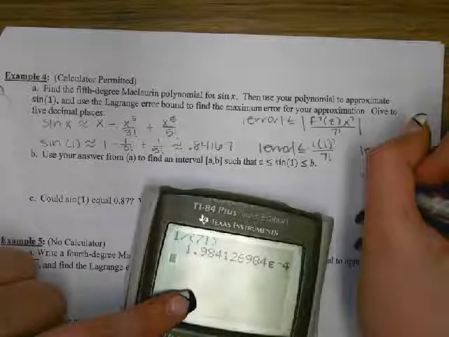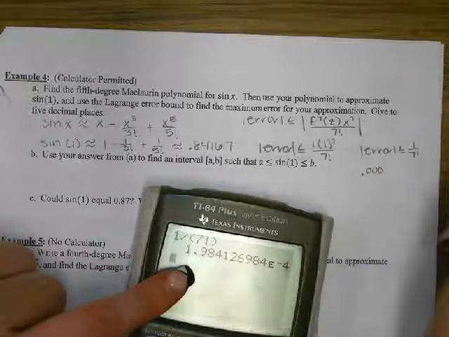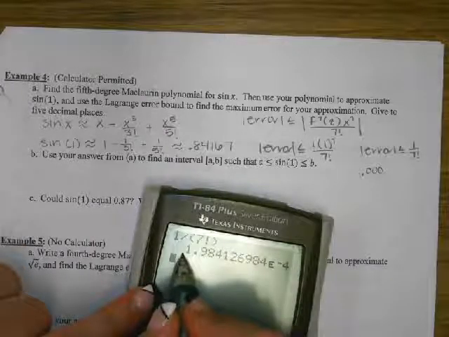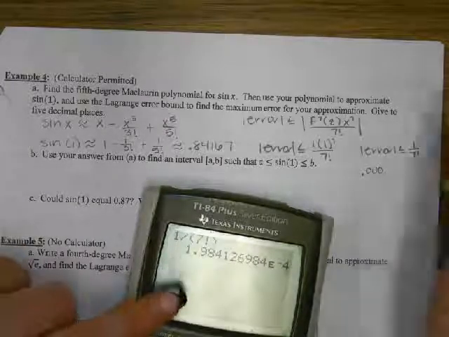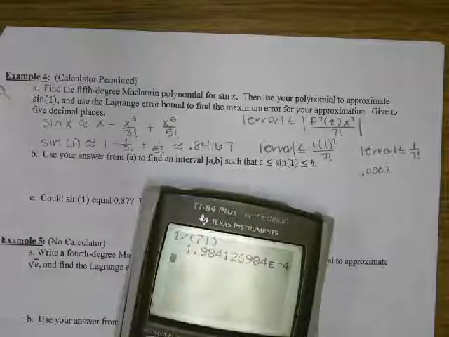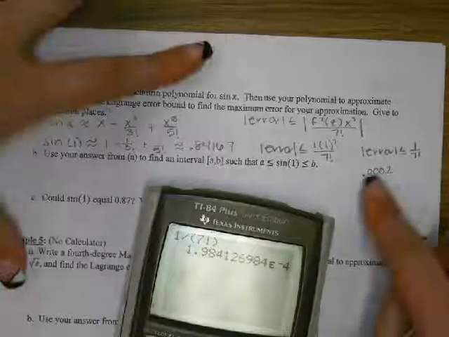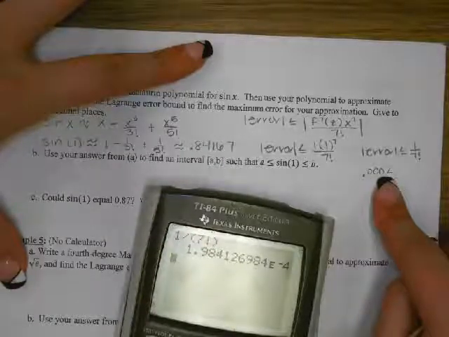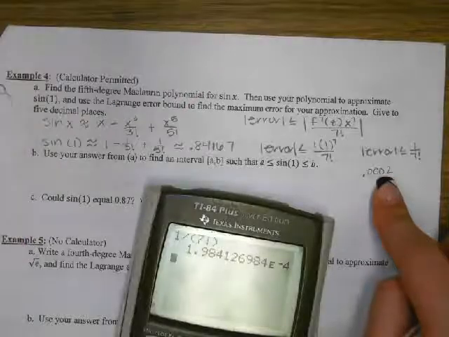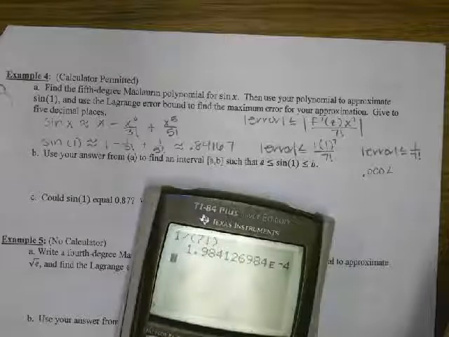So it could be off by 0.1, 2, 3, right? So move it over once and then 3 more times. 2, because I'm rounding the 1 up to a 2 because it's followed by a 9. All right, so this is our maximum error. At the most, our answer is either 0.0002 too high or 0.0002 too low.